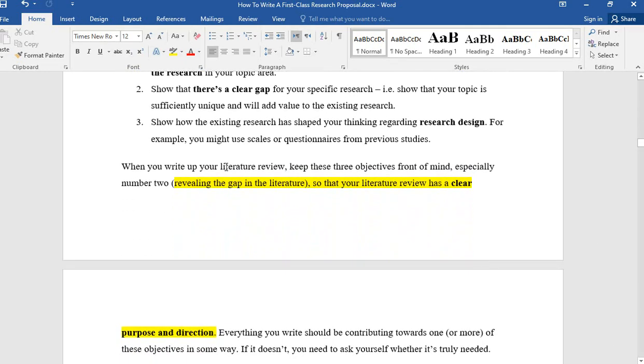When you write up your literature review, keep these three objectives front of mind, especially number 2, revealing the gap in the literature. The gap should be revealed and stated, presented in the literature, so that your literature review has a clear purpose and direction.